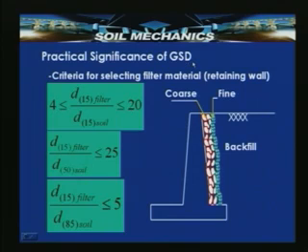So, let us look into this requirement for the practical significance of the grain size distribution curve with reference to a filter material adjacent to a retaining wall. Basically, a filter is required to be provided behind the retaining wall to get rid of the water pressure, because once the wall is getting the effect of water pressure, the lateral pressure exerted on the wall increases.